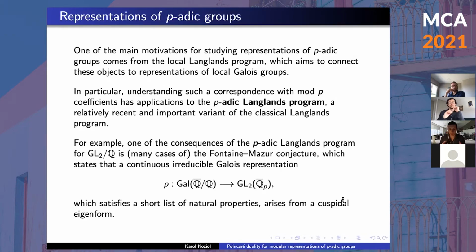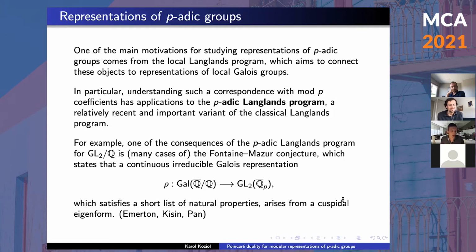So let me not actually list what these properties are, but it's something you would naturally impose. So if such a Galois representation looks like it comes from a modular form, then it actually does. This is a very striking result, and it was proved using results from the p-adic Langlands program.